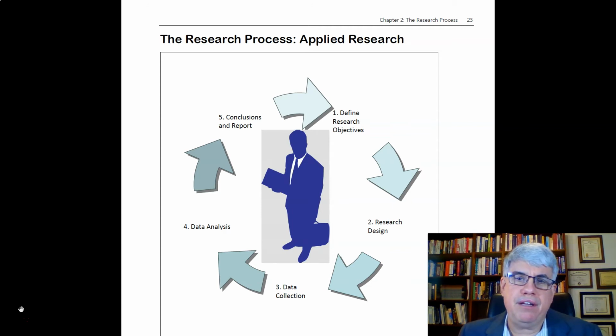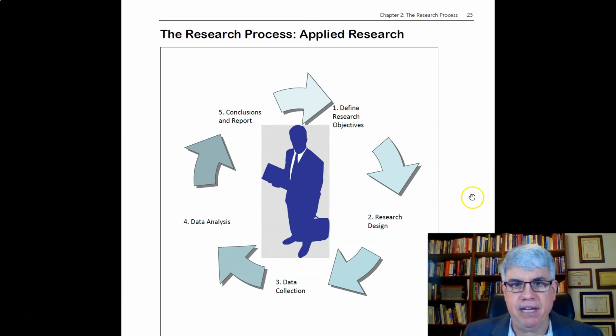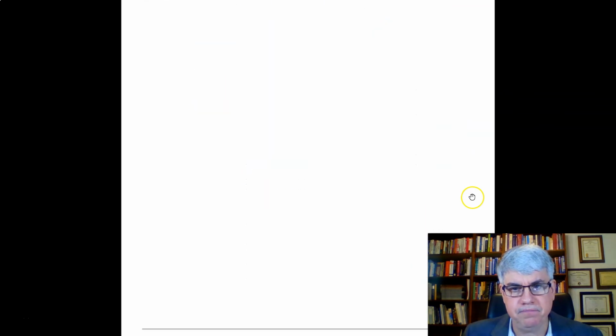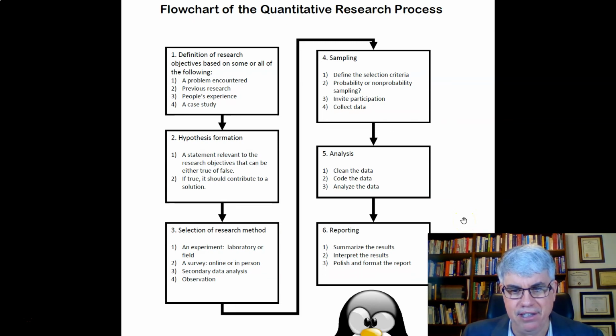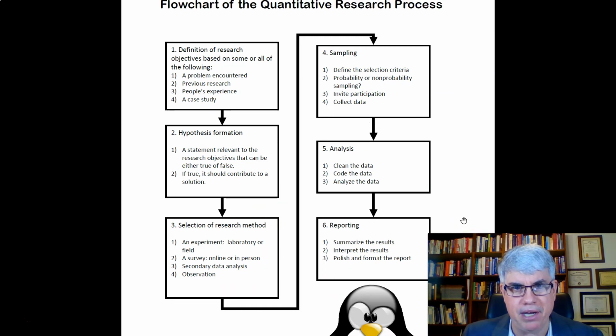So this is an overview of the research process. But what's the nitty gritty? A little cycle's not really useful when you're trying to get things done. So on the next page of this chapter 2, we have a flow chart of the quantitative research process. And it looks like we have the little Linux penguin pointing down at the bottom there.